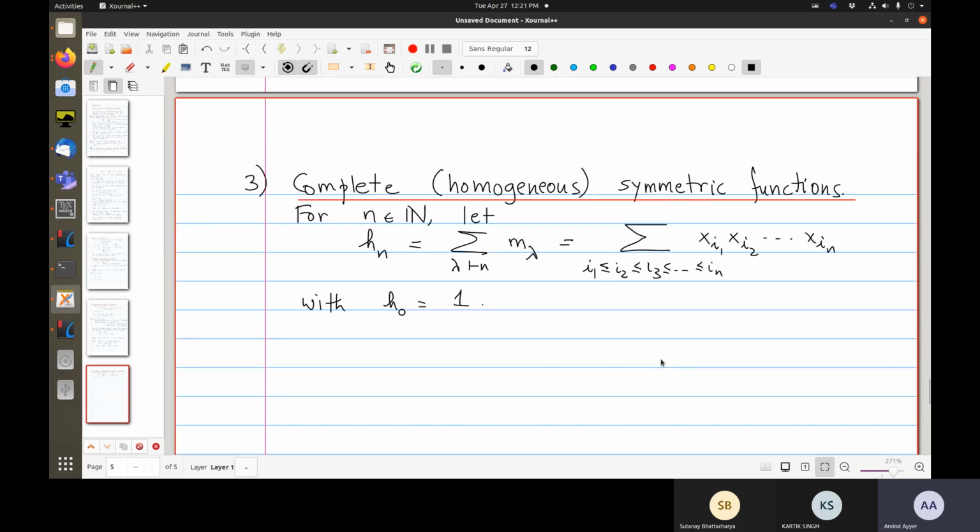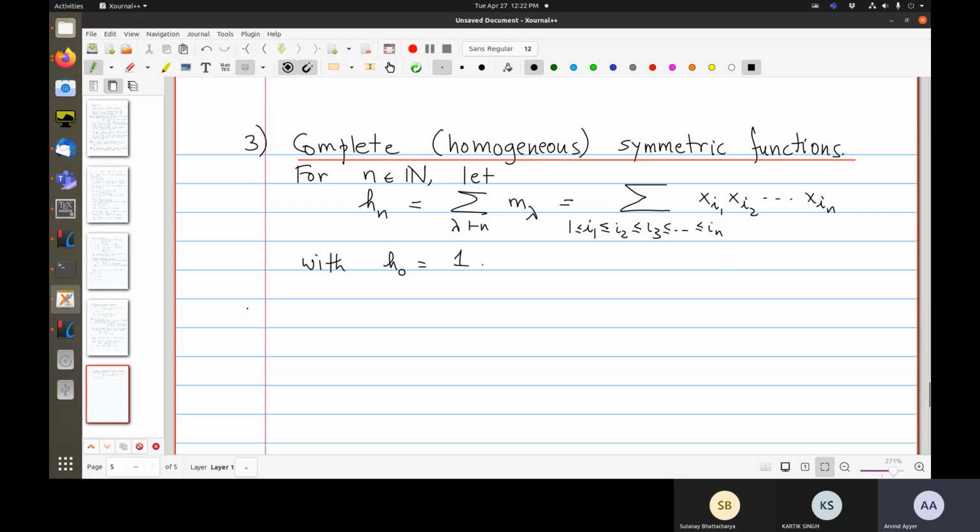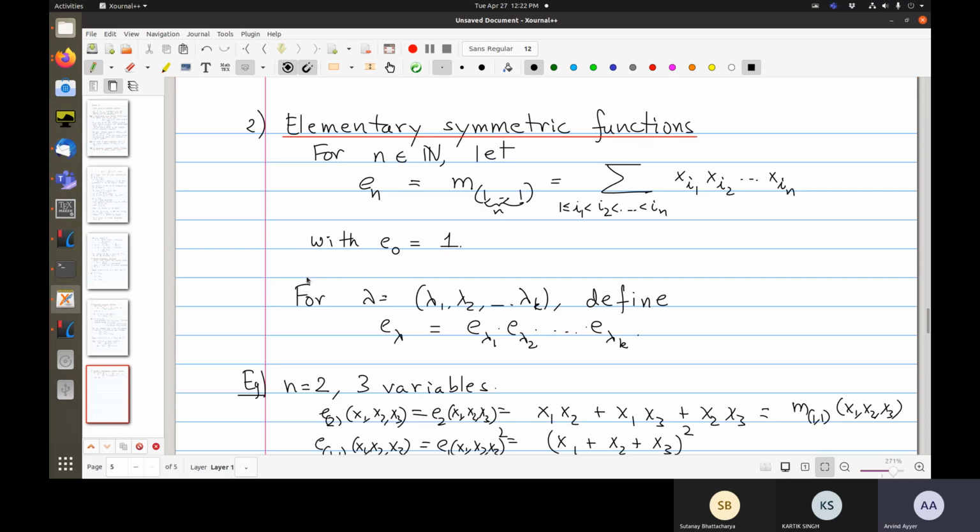Here it's less than or equal to. So you're allowing repeats, in other words. Okay, so again, let me do an example. To complete the definition, let me write it in the same style as I did before.